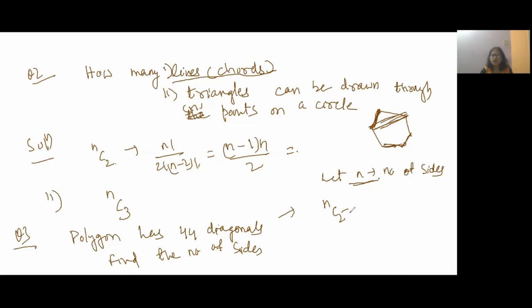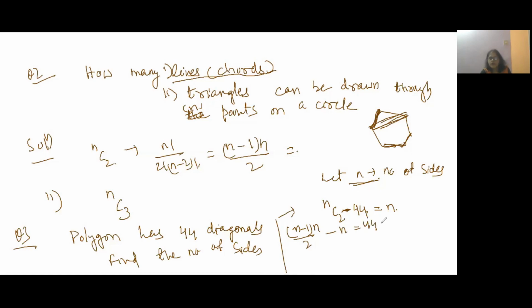Number of diagonals 44 is given. So subtract 44 from here. So that is equal to what? nC2 minus n equal to 44, right? I'm sure you can solve it now. We just found nC2 equal to n minus 1 into n divided by 2, then minus n equal to 44.